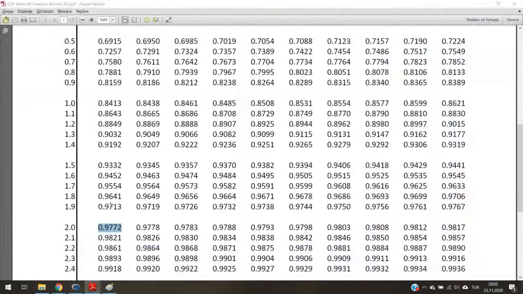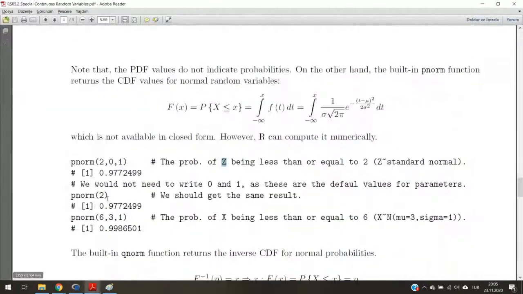All right, so another question here. What is the probability for any non-standard normal random variable? Let's just say this time we are talking about the normal random variable with location parameter 3 and scale parameter 1. And what is the probability of it to be less than or equal to 6?